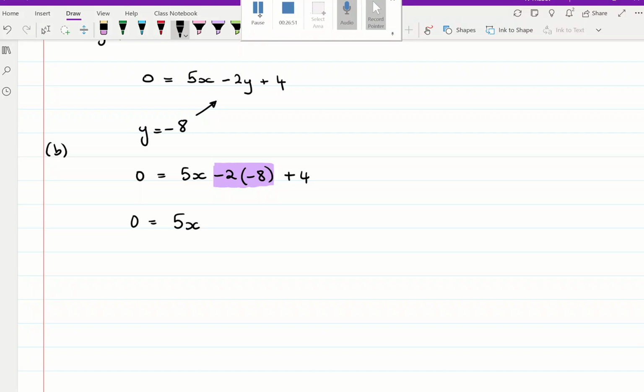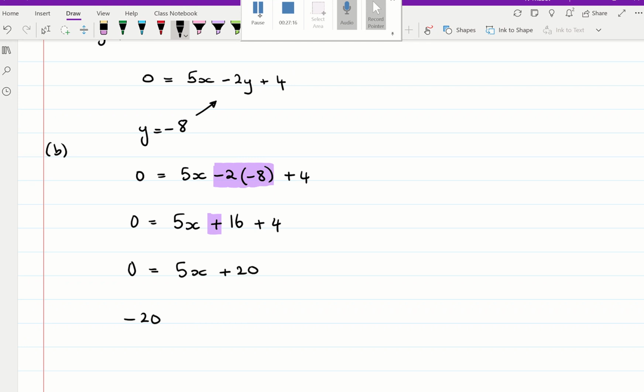And if you just put 2 times negative 8, you'll get a negative 16, but you'll have a minus and minus 16. So I would substitute negative 2 times negative 8, positive 16 plus 4. So 0 equals 5x plus 20.